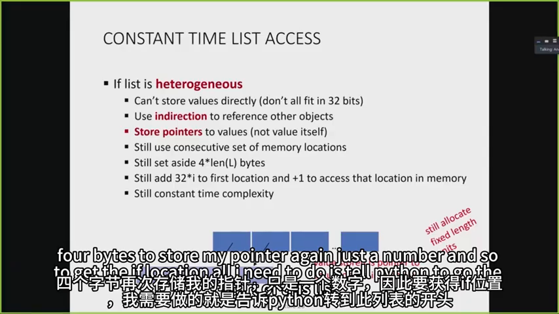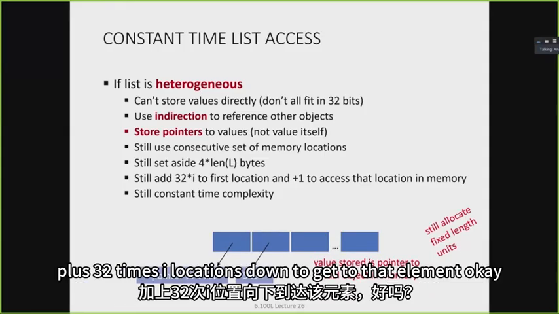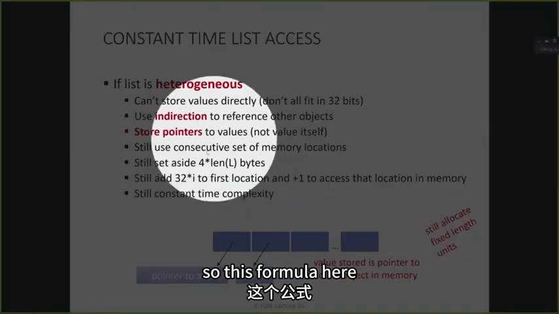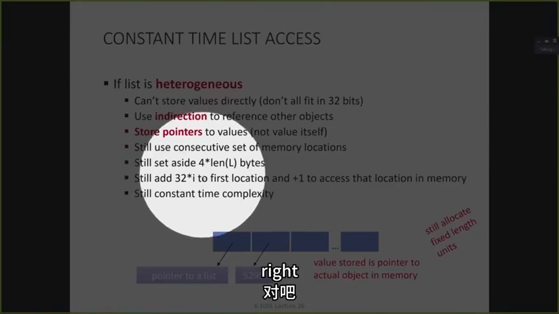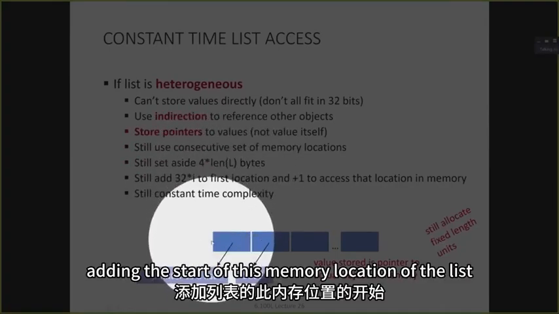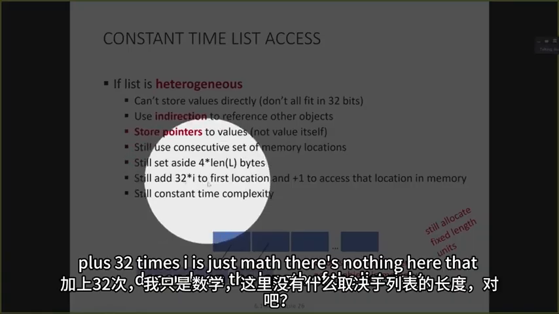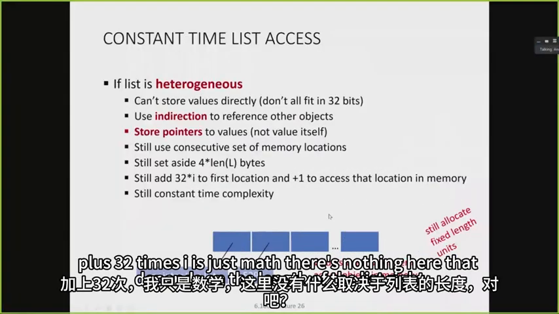And so to get the ith location, all I need to do is tell Python to go to the start of this list plus 32 times i locations down to get to that element. Okay. So this formula here, adding the start of this memory location of the list plus 32 times i is just math. There's nothing here that depends on the length of the list.